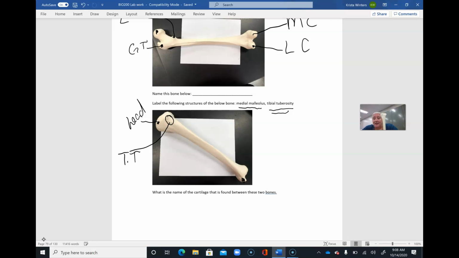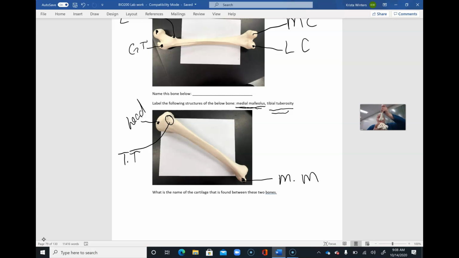And then right here, this is known as the medial malleolus. Right there's the spelling for medial malleolus. You can see it right here. It's at the most distal region of the leg, right before the foot.